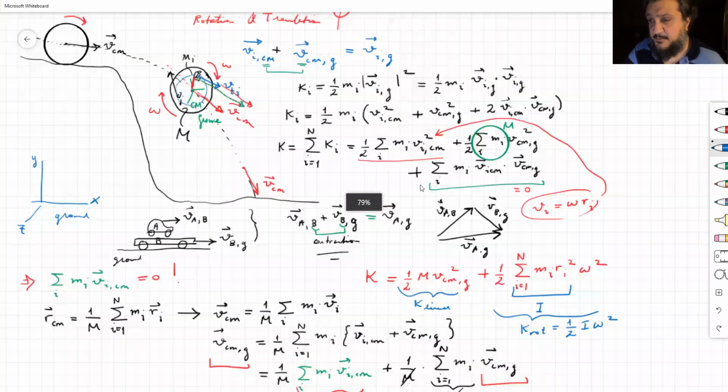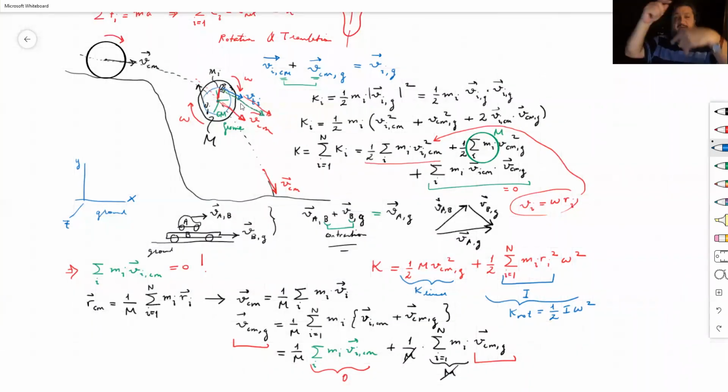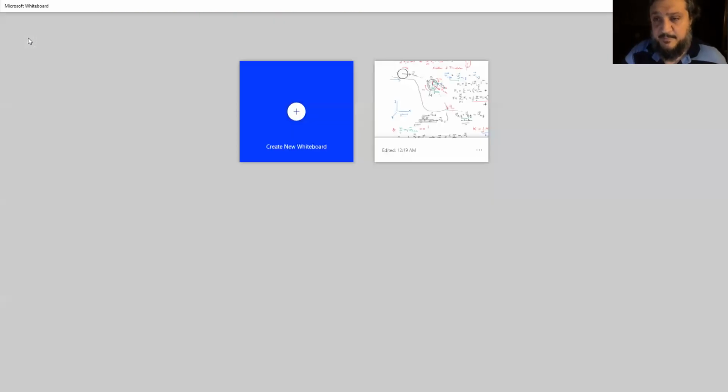Okay? And as you see, this is just spinning in air. Let's focus on something more specific, like what happened before the object reached the edge of the cliff. Now, while it was rolling on the cliff, let's say it's rolling without slipping. So let's see how this applies to that case. So I'm going to open a new whiteboard here.